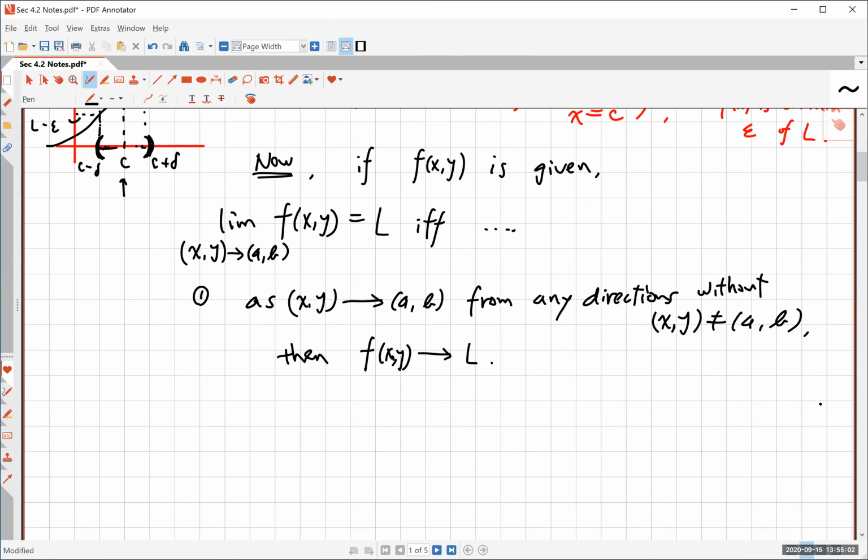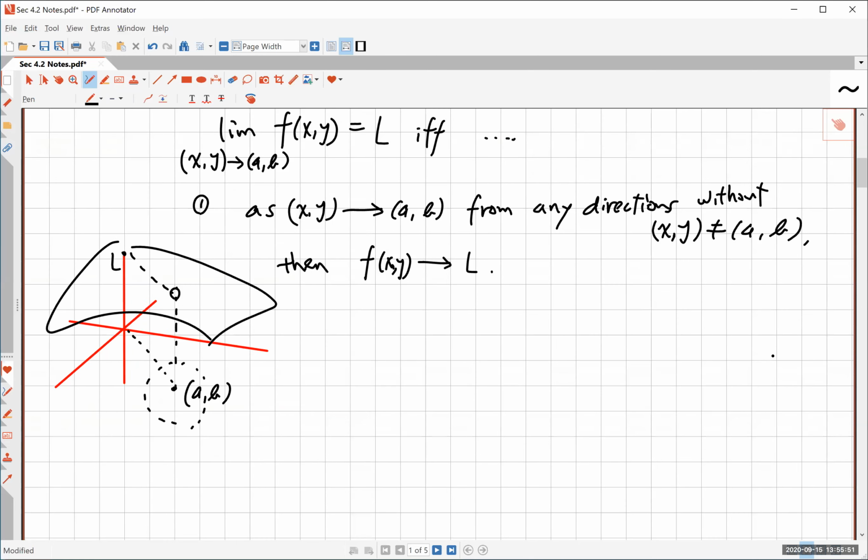Maybe I should draw a picture of this. Okay, so here's a picture of a multivariable function f of x, y, and we're approaching this point a, b, and we allow this point x, y to approach a, b from any direction like this. Even along a curved path if possible, right?